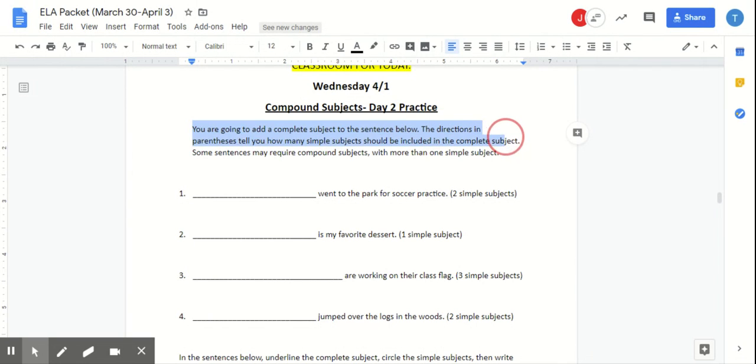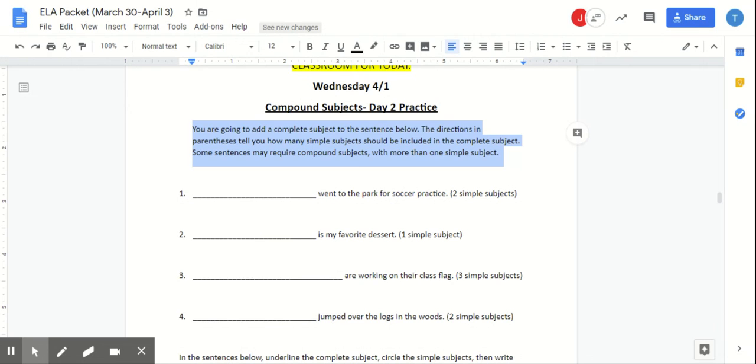The directions in parentheses tell you how many simple subjects should be included in the complete subject. Some sentences may require compound subjects with more than one simple subject. And of course, if you have a compound subject, you need to include the word and in between the simple subjects. So I'm just going to do number one with you guys.